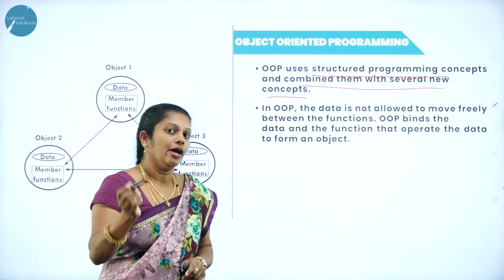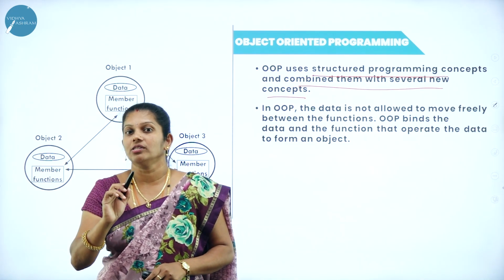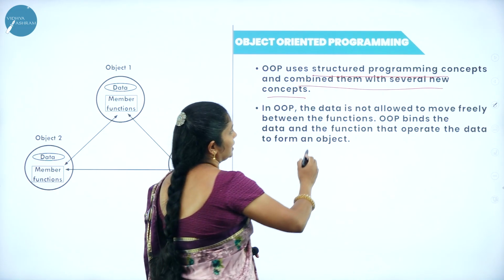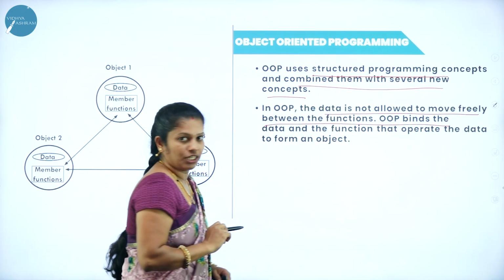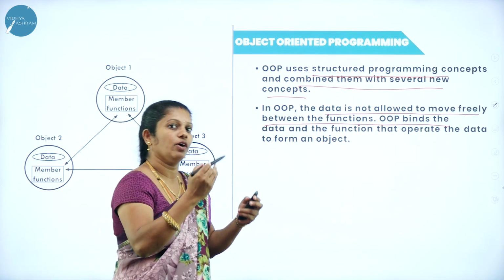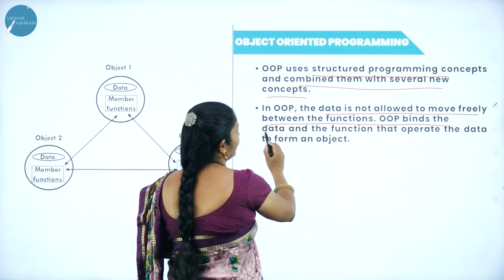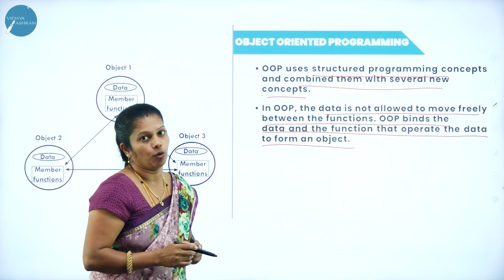Whereas in procedure, it concentrates on procedure. Whereas in object-oriented, it concentrates on data rather than procedure. In OOPs, the data is not allowed to move freely between the functions. Freely it cannot move from one function to another function. It is hidden. OOPs binds the data and the functions that operate on the data to form an object.